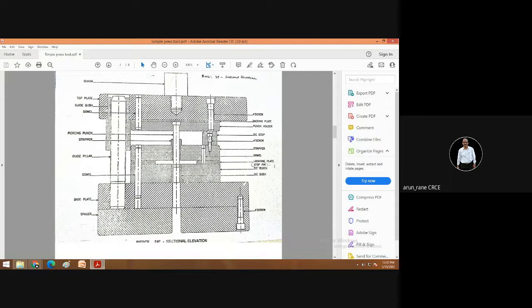If this falls down, it will hit the die stop, so the die stop will get damaged. And the die stop is a round piece of 20 mm dia. That's all. So the die stop is used, as the name suggests, for stopping the die. So this will not hit directly over here.